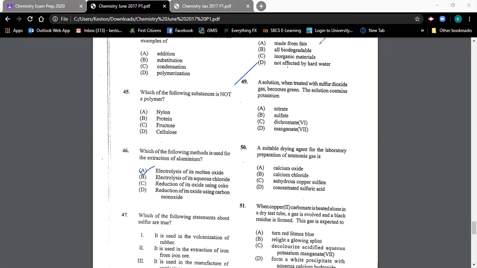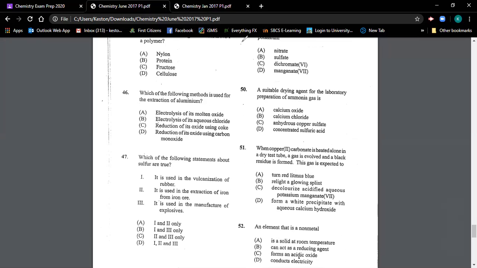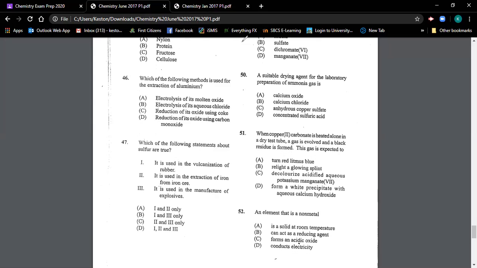You remember that? 47, which of the following statements about sulfur are true? This is a repeat. We saw this before too. Having those two is using the vulcanization of rubber.